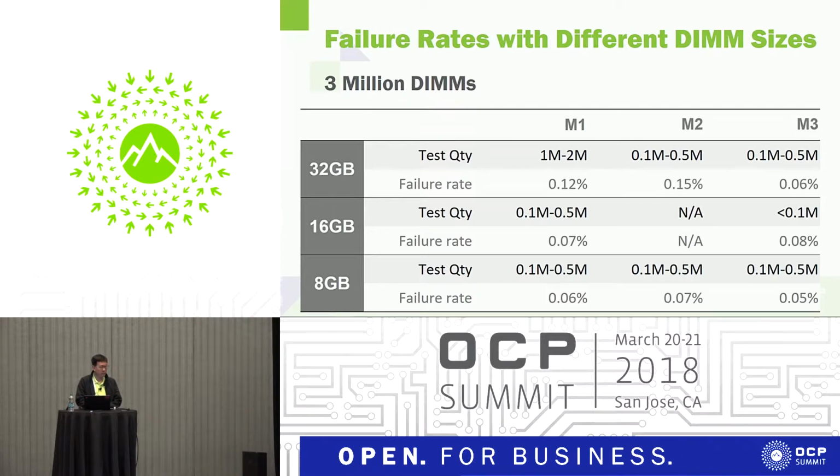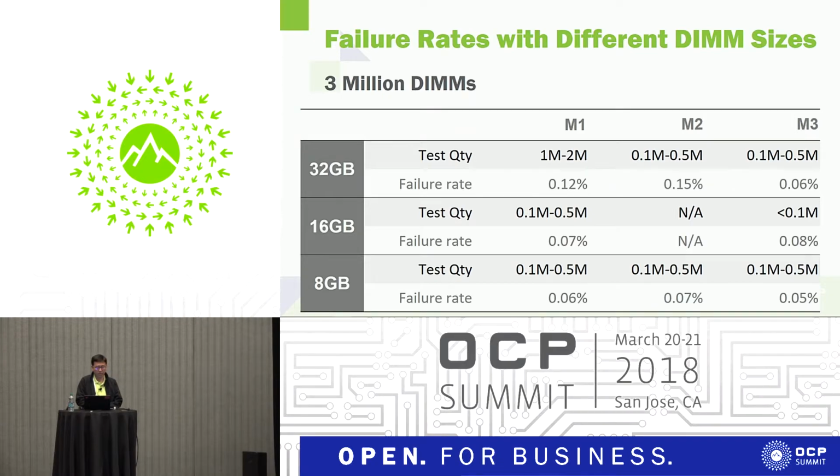As you see in the table, the 32 gigabyte DRAM has a little higher defect rate than other sizes. That's obvious. Why? Because we do a stress test. If any rewrite byte gets errors, the DIMM module is identified as a failure.